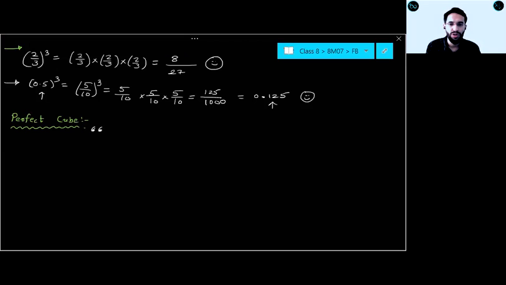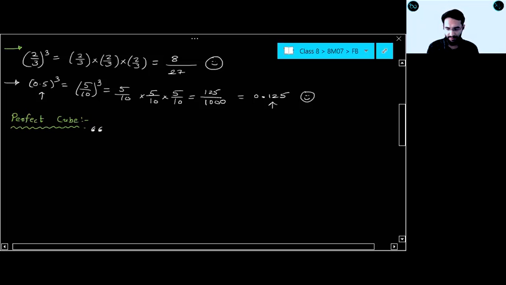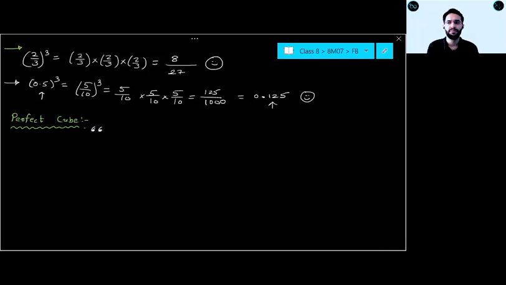Square is 2D and cube is 3 dimension. That we will see when we use its application. First, anyone who will tell me about perfect cube? Yes, Tejas, tell me.